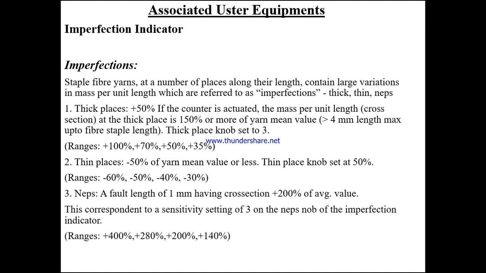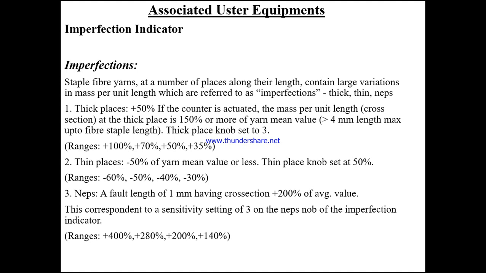We will now discuss associated Worcester equipment. In the associated Worcester equipment, there is one imperfection indicator. Imperfections are a specific type of irregularities in the textile yarn.